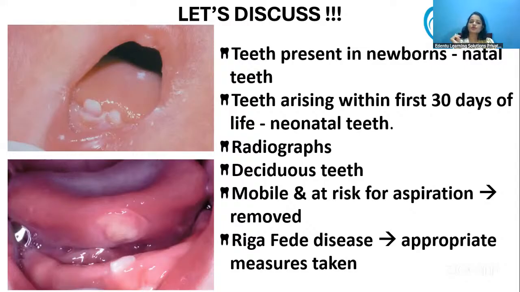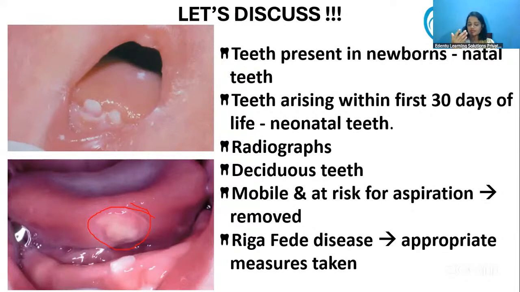Usually the mandibular incisors are the most commonly seen natal and neonatal teeth. And if the tooth is present, it can generally produce some difficulties during feeding and some kind of ulceration on the ventral surface of the tongue. Such ulcers on the ventral surface of the tongue are called Riga-Fede disease.